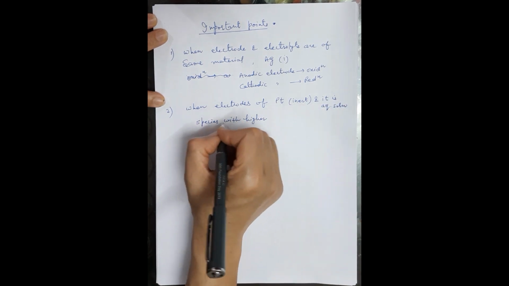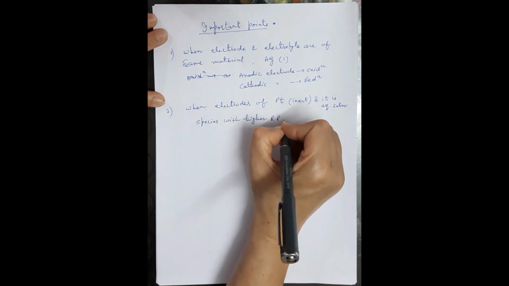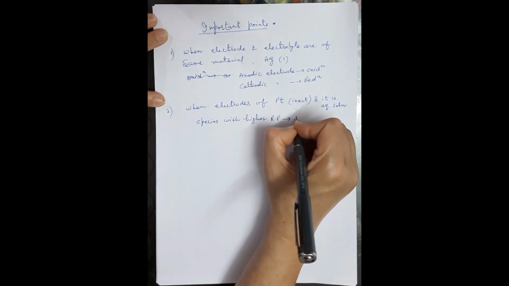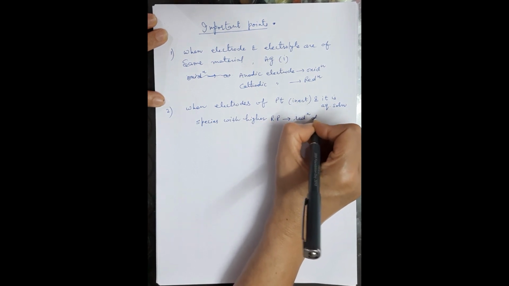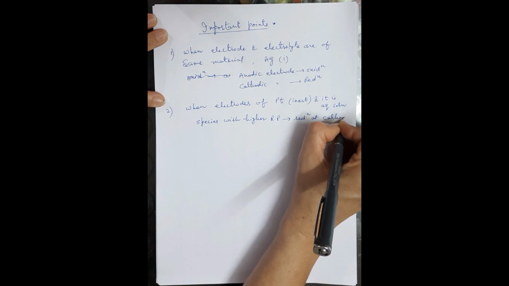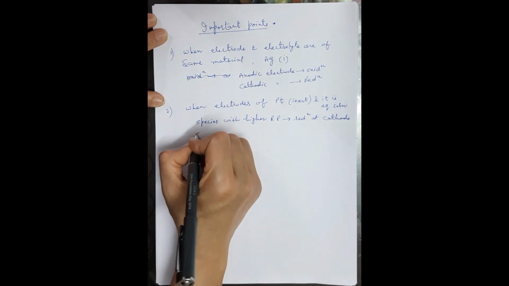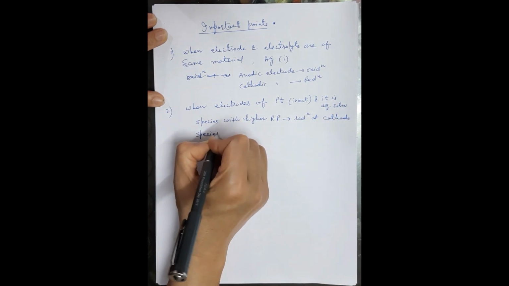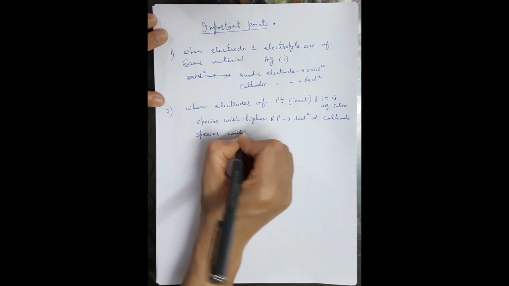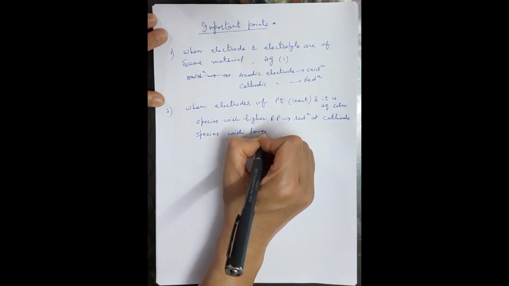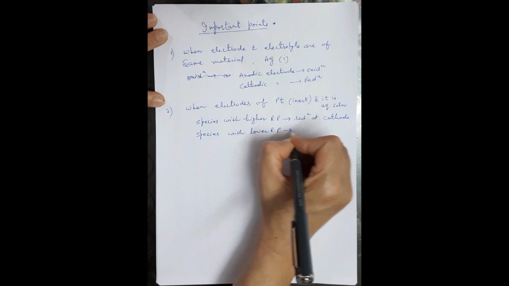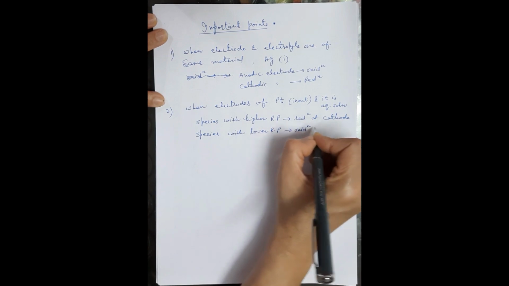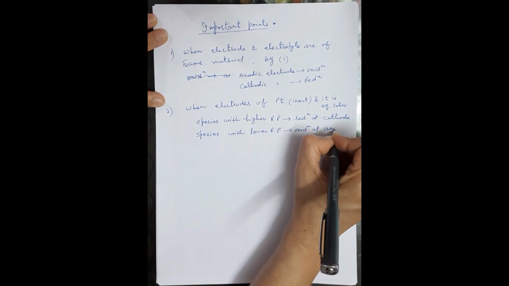Then in that case species with a higher reduction potential will undergo reduction at cathode, and species with lower reduction potential will undergo oxidation at anode.